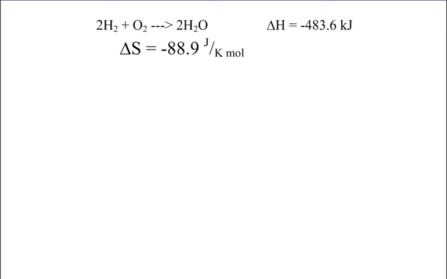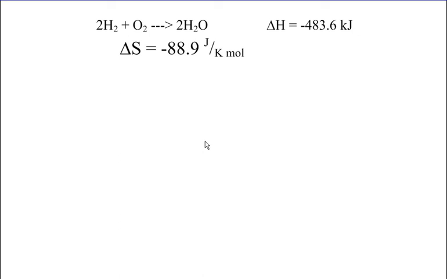Let's say we wanted to see how the universe's chaos would change, or at least the surroundings for this system after it goes through this reaction. We could calculate that if we knew the delta H for the reaction, and we do. So we can figure out how this is going to affect the surroundings around it.